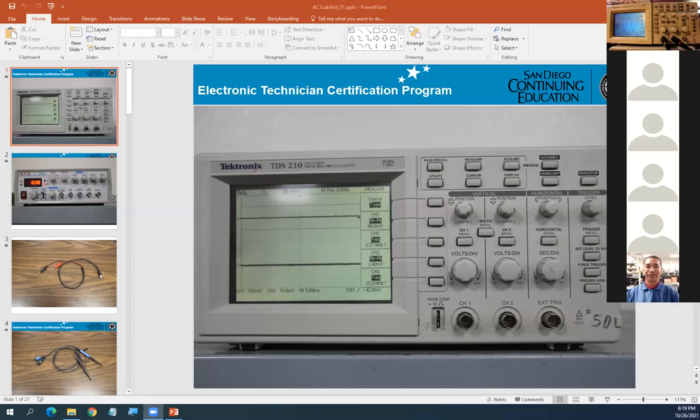Okay, so basically, this is one oscilloscope we'll be using in the lab. That will be a digital scope. Normally in the past, they used analog scopes.